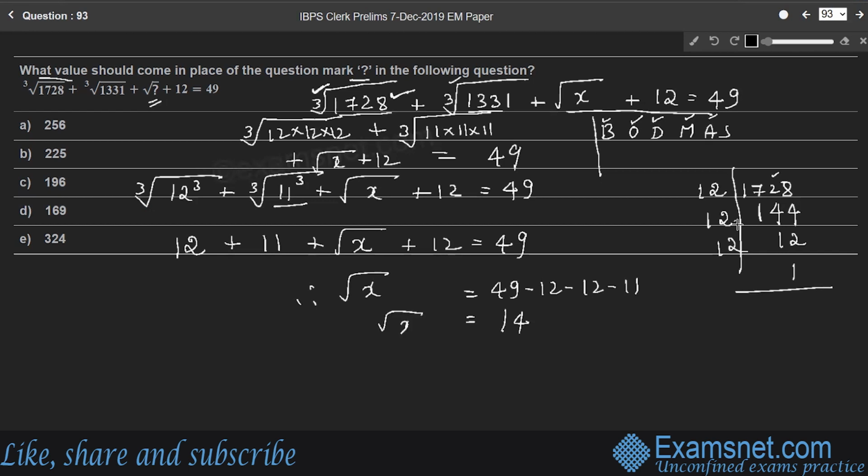So root x is equal to 14. Therefore, we'll square both LHS and RHS. We'll get x as 14 square, which is 196. Therefore, in place of the question mark, the value is 196. Hence, option C is the right answer.